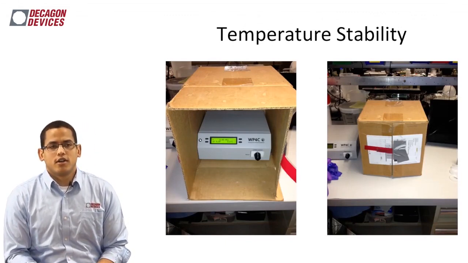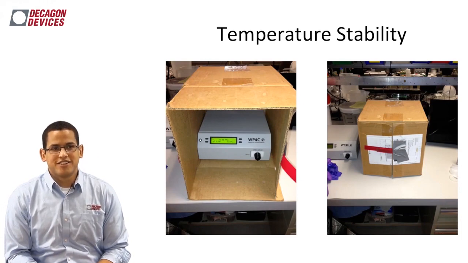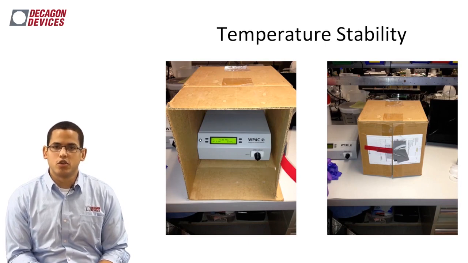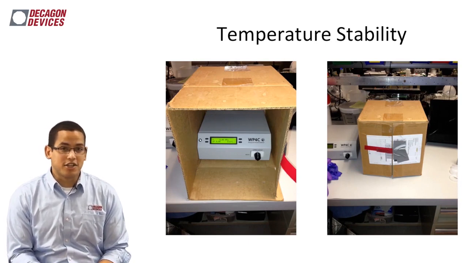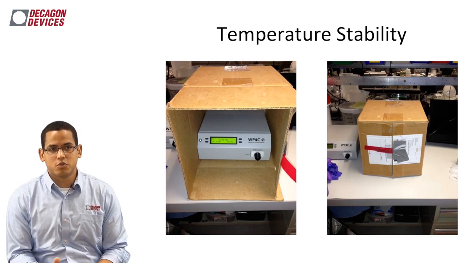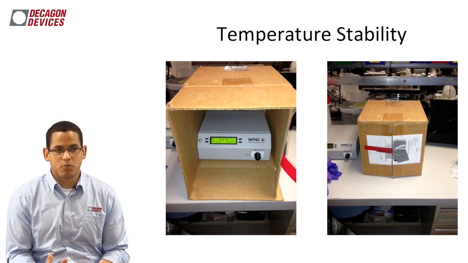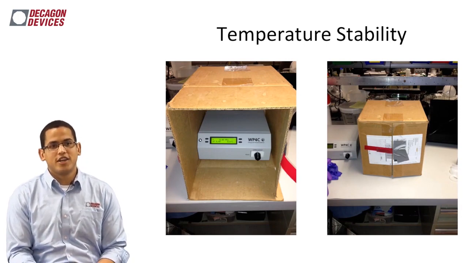Now, going back to that temperature stability thing, if you are in a room that does have some minor fluxes in temperature due to an air conditioner coming on and off or a heating unit coming on and off, one thing that does help, and it seems kind of crude, but it does work, is putting the WP4C in a box to help create a more stable boundary around it.